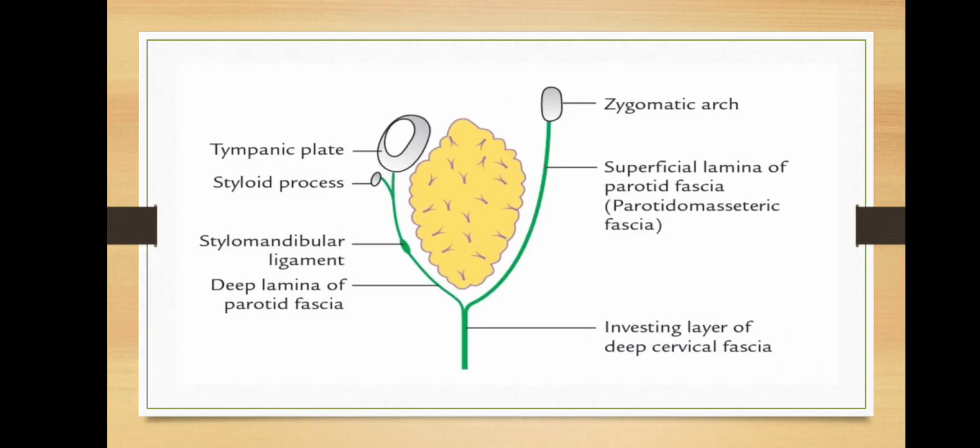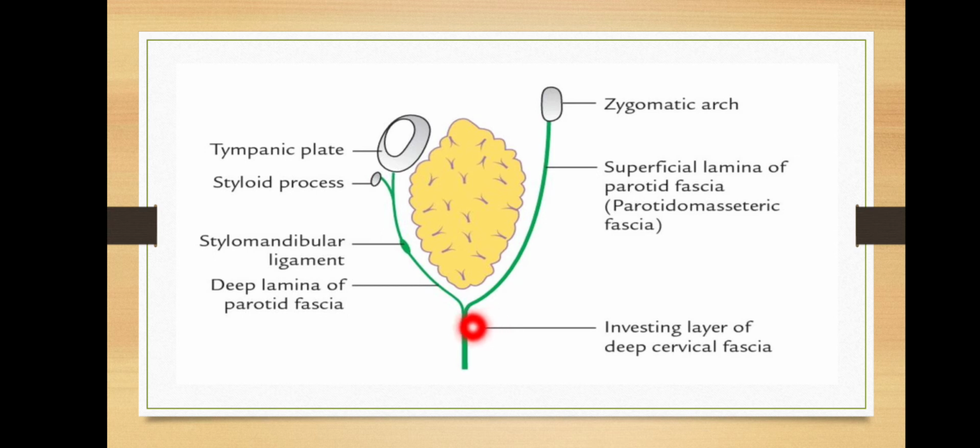Next, we will see about the parotid capsule, or it can also be called the parotid sheath. The green colored one there is known as the parotid capsule. Once observe the picture. It is formed by the investing layer of deep cervical fascia. The entire parotid capsule is formed by the investing layer of deep cervical fascia.